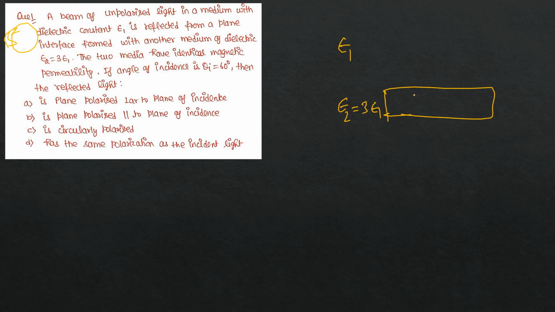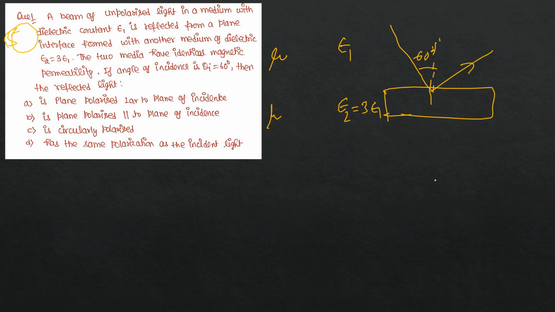The two media have identical magnetic permeability. The angle of incidence is 60 degrees. Then the reflected light is plane polarized perpendicular to the plane of incidence, plane polarized parallel to the plane of incidence, circularly polarized, or has the same polarization as the incident light.